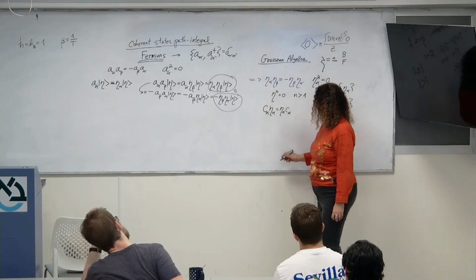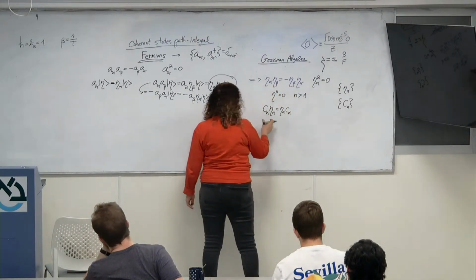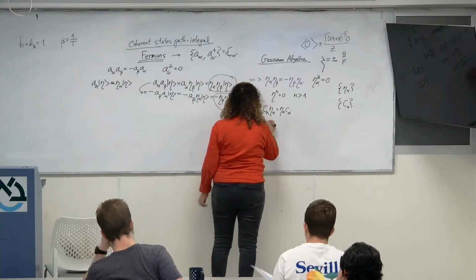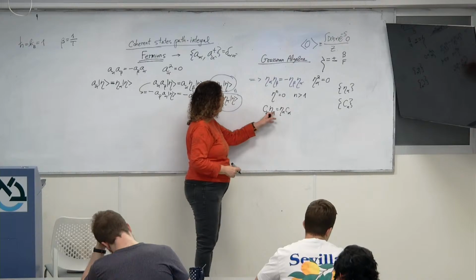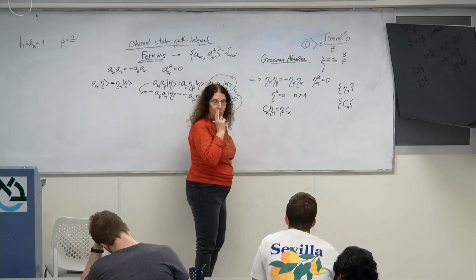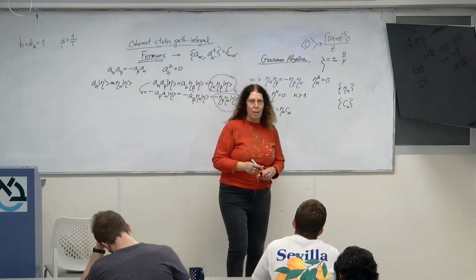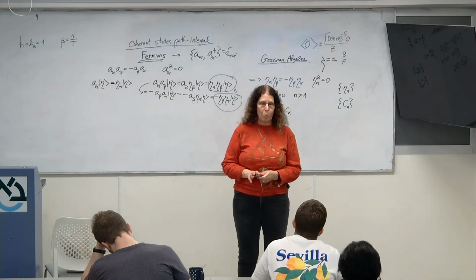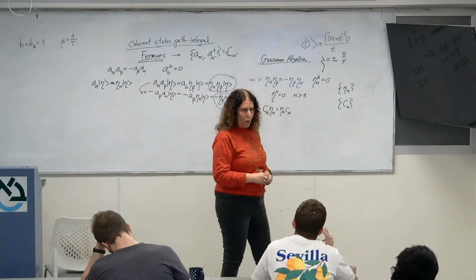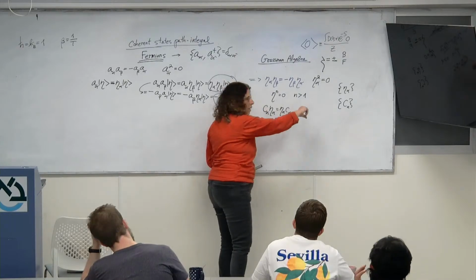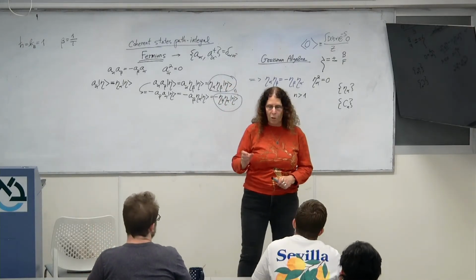But if I take, I don't know, c alpha, eta beta, then the etas will anti-commute, but the complex numbers will commute. Okay? So I can put the c anywhere I like, and there's no minus sign.